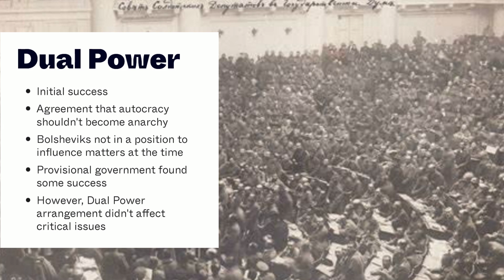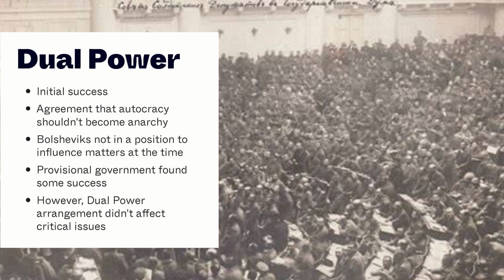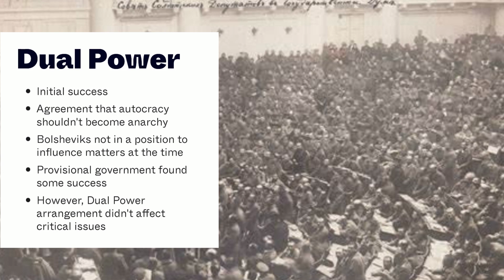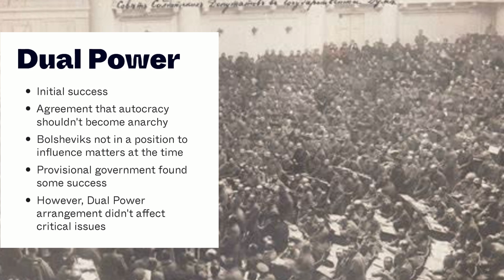However, the dual power arrangement did not touch on the critical issues of the war and the land question. At this point, it's important to remember that even though Russia had undergone a revolution and removed its autocratic leader, they had still remained a player within the First World War.